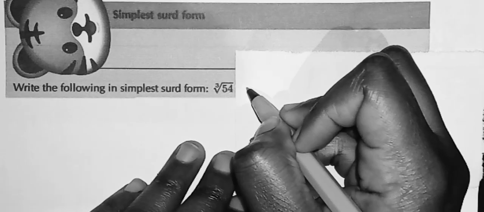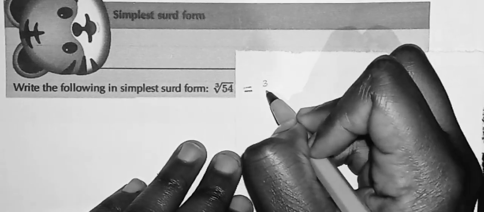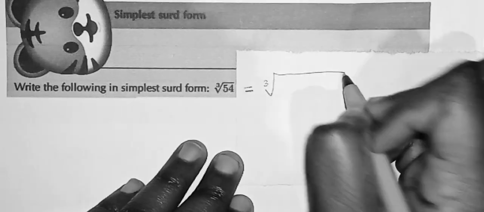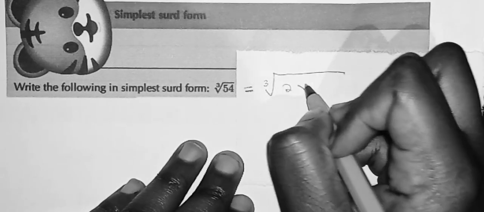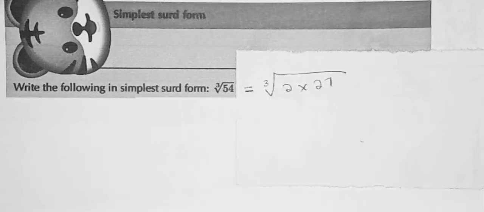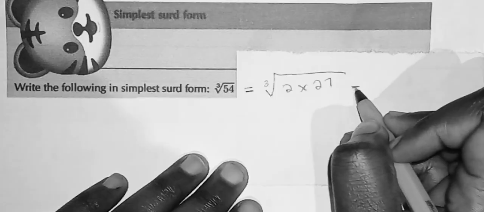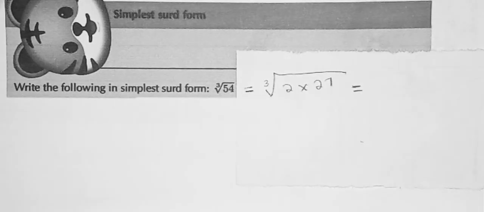Here, and then you say equals cube root of 2 times 27, which equals cube root of 2 times 27, and 27 equals 3 to the power of 3.